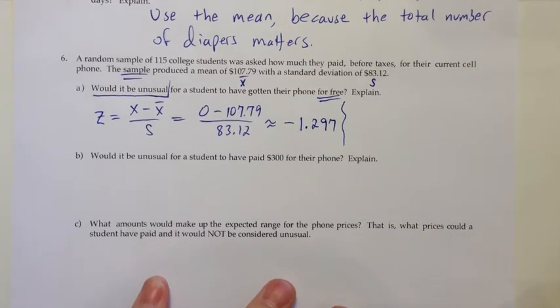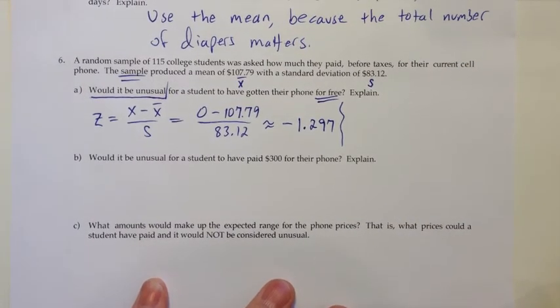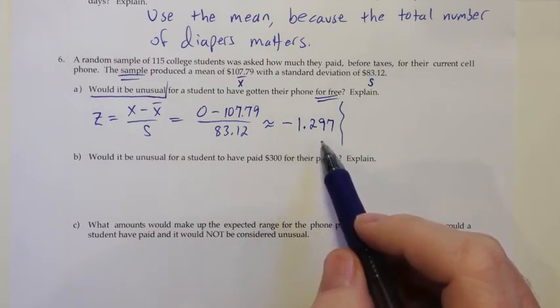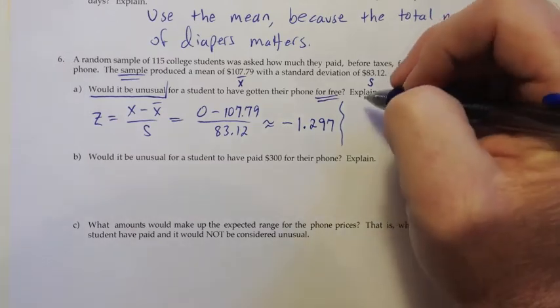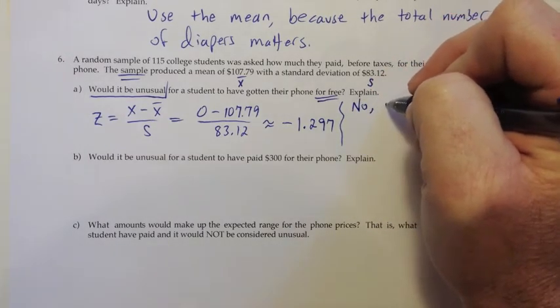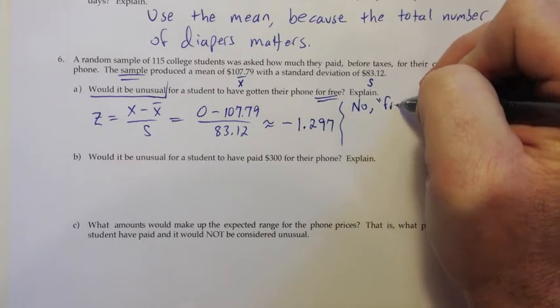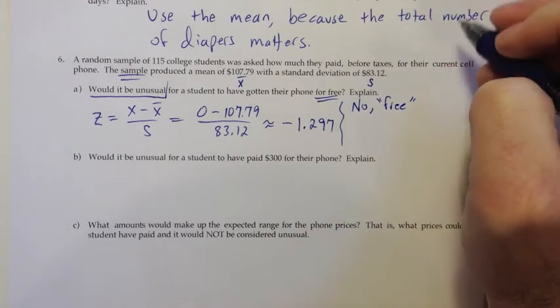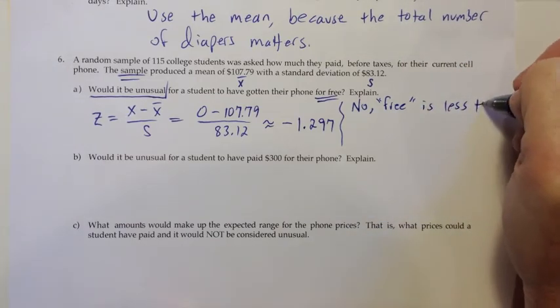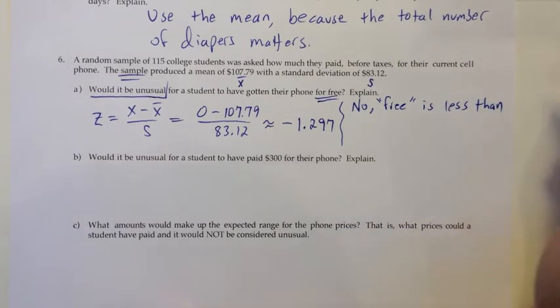Well, things are considered to be unusual when they're more than 2 standard deviations away from the mean. This is about 1.3 standard deviations away, so I would say no, it's not unusual. No, because free, which is a 0, is less than 2 standard deviations below the mean.